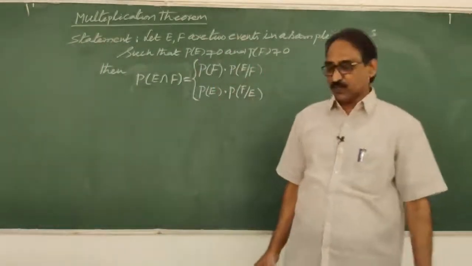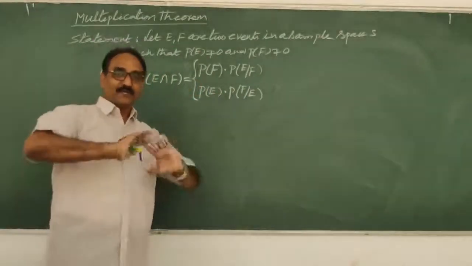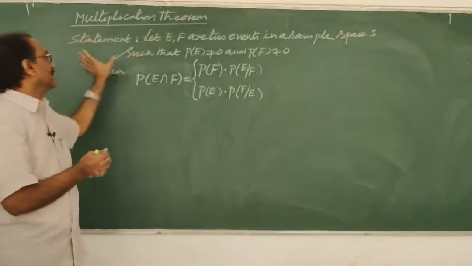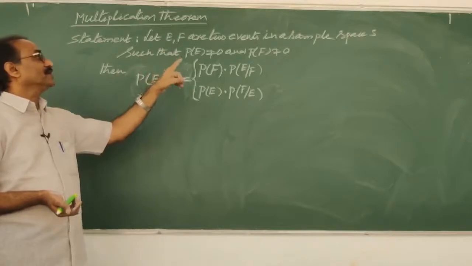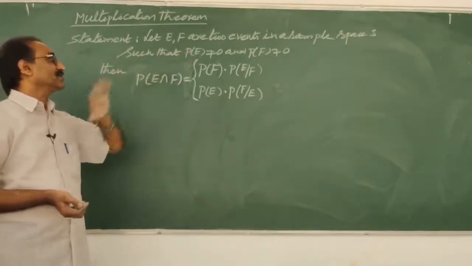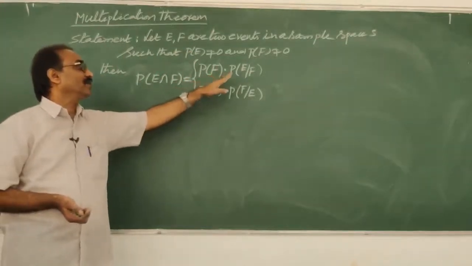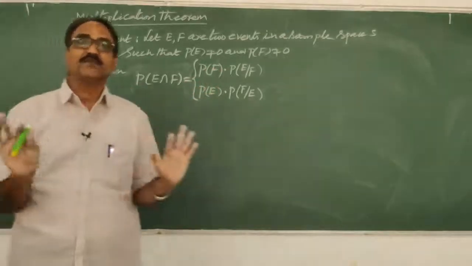When the multiplication theorem is asked, we should write one proforma. First, the multiplication theorem statement: let E, F be two events in a sample space S such that P of E is not equal to 0 and P of F is not equal to 0. Then P of E intersection F is equal to P of F into P of E given F and P of E into P of F given E. That is the statement we should write first.